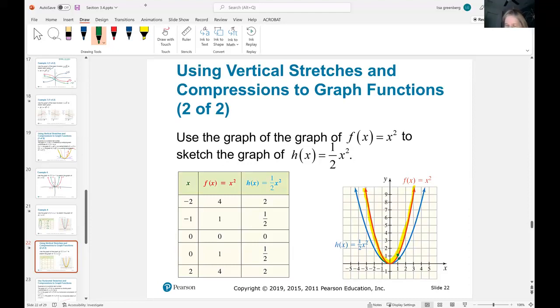So right here, instead of being 1, it's 1/2. And at 2, when I plug in 2, I get 4. Half of that is 2. So it's at 2, 2. But the original graph is at 2, 4. So all that's happening is I'm dividing all my y values by 2 because that's what this 1/2 is doing.